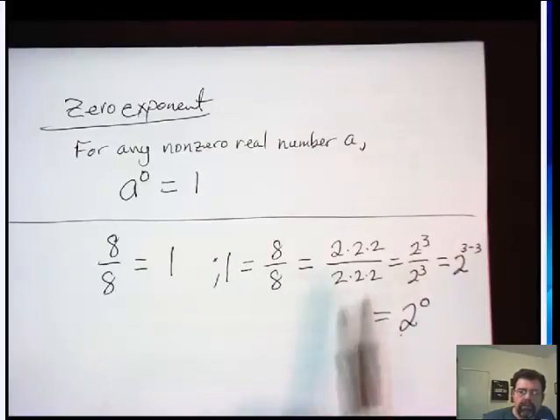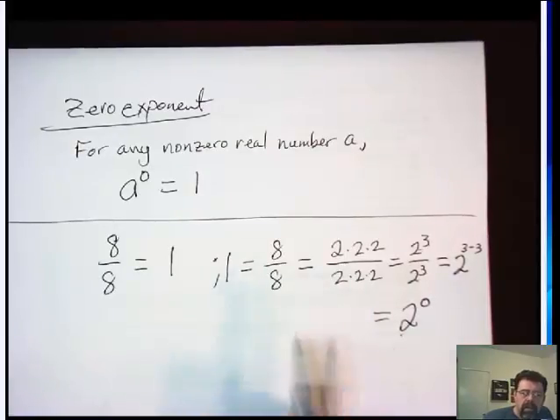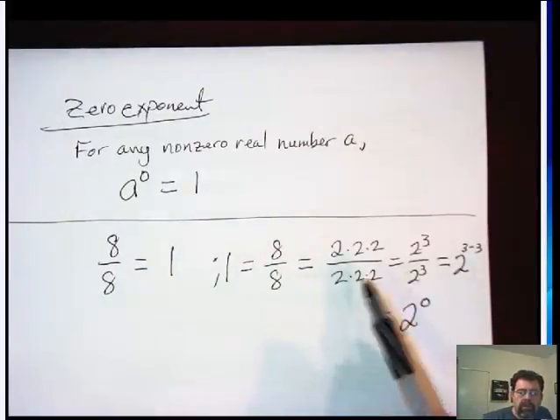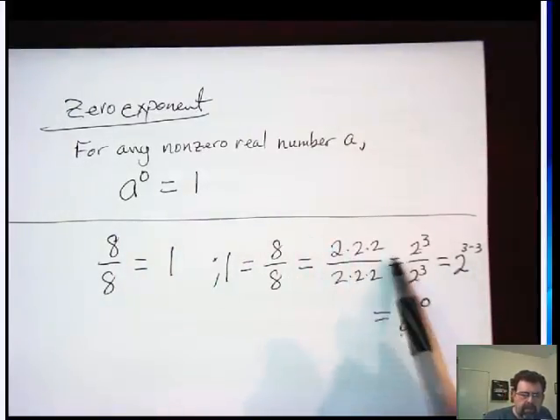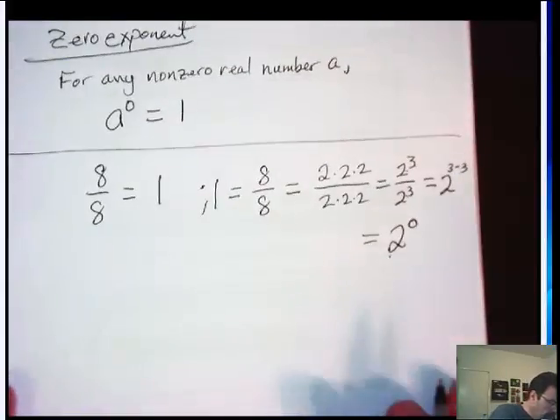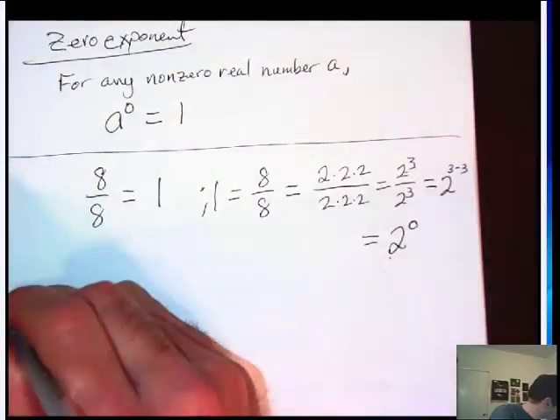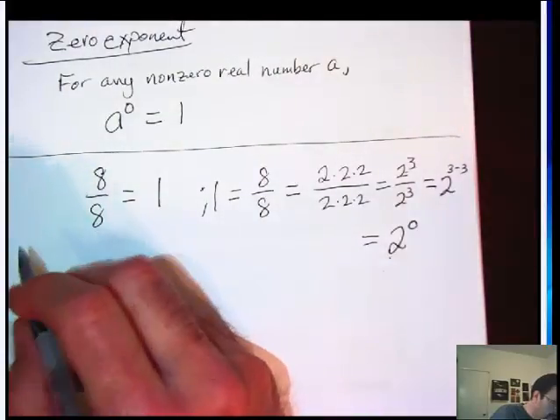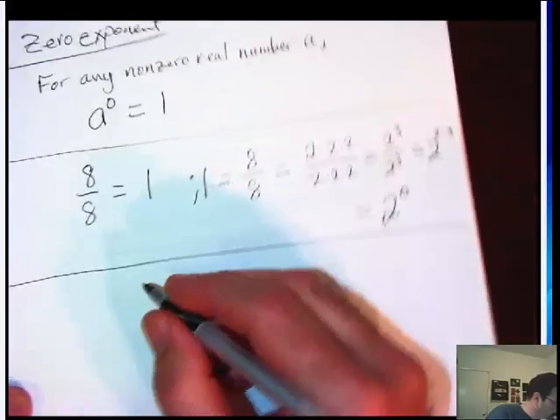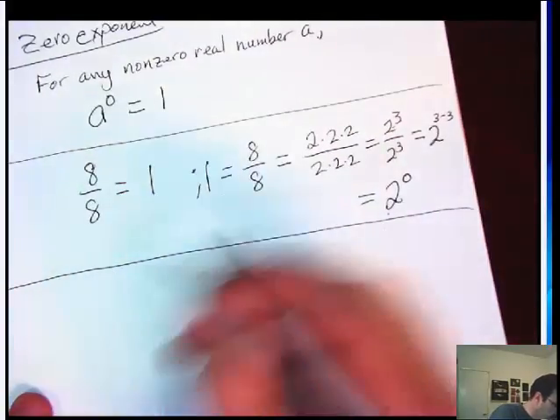Otherwise we'd get a contradiction. So any number to the 0 has to be 1, and we could change these to A's and get the same thing. So anyway, that's the zero exponent. Next rule is negative exponents.